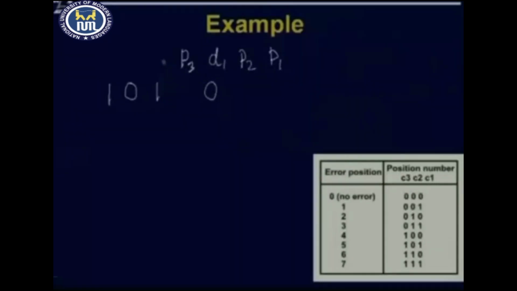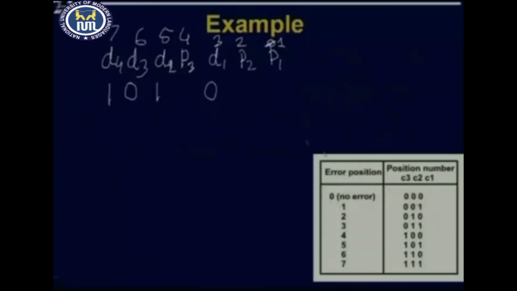So we have data bits D1, D2, D3, and D4. This is position 1, position 2, position 3, position 4, position 5, position 6, and position 7. So we have 7 positions after adding 3 parities, and the codes are shown here.